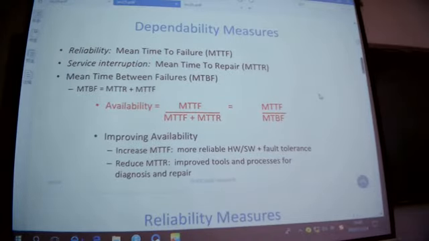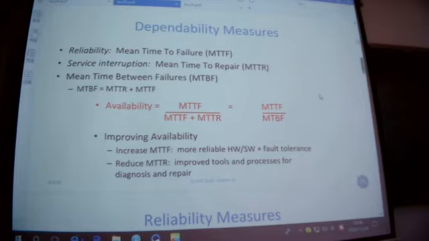Dependability measures: reliability is mean time to failure. MTTF is mean time to failure. Mean time is average time. Service interruption is measured by mean time to repair. MTTR is mean time to repair. Here, mean is average too.